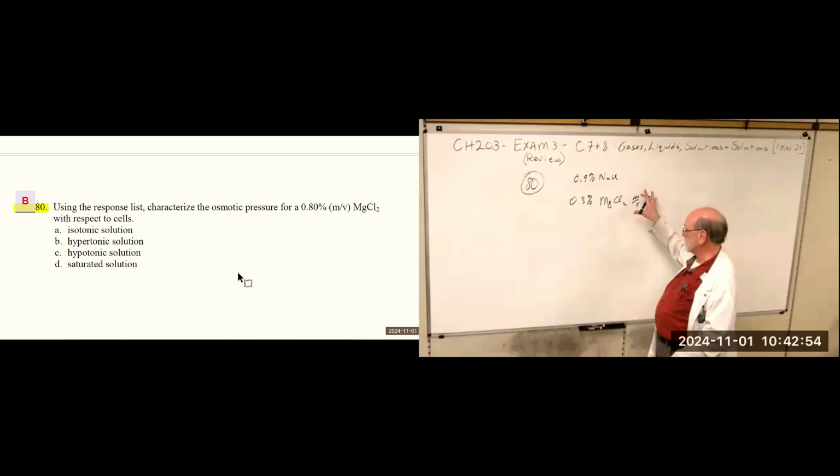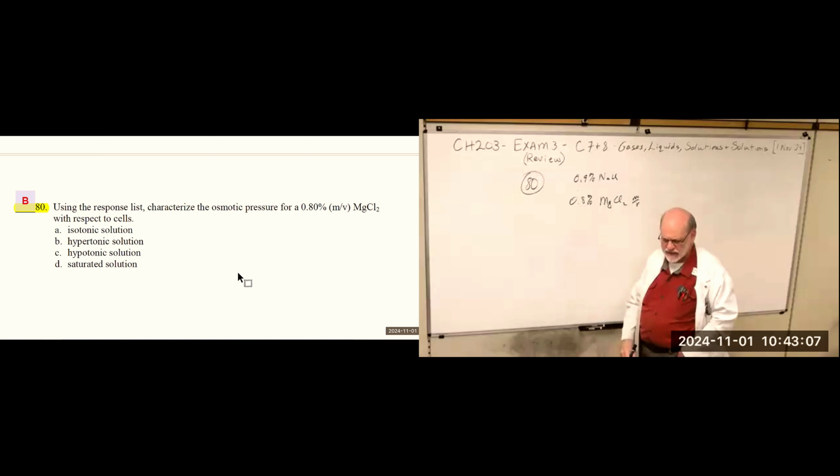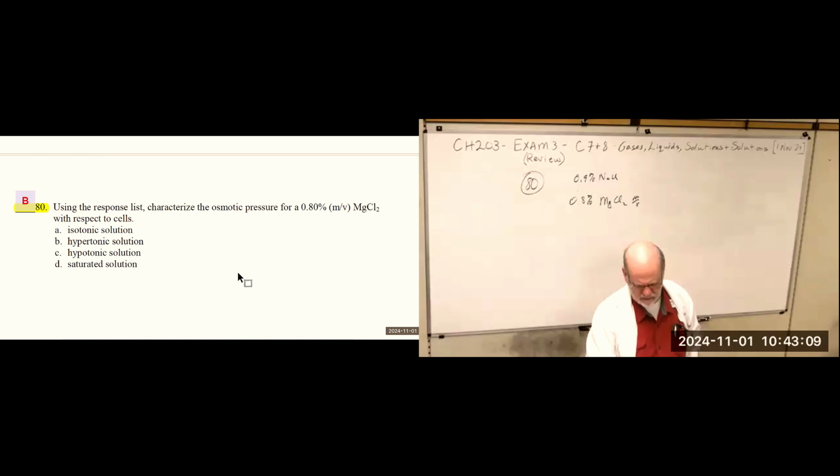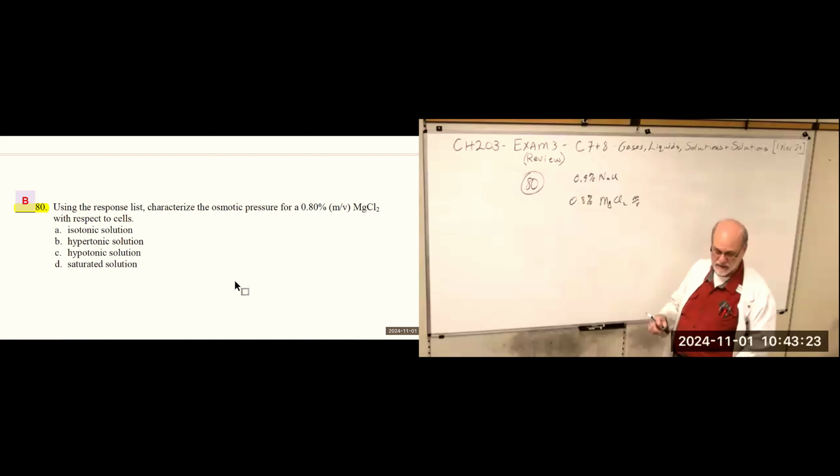If you just look at it as mass percent, then this is going to be a higher molarity. Well, maybe not, because magnesium is heavier. That question's bad. We're expecting it to be hypertonic, simply because this one has an extra chloride in it. So it would push this above 0.9 by comparison.